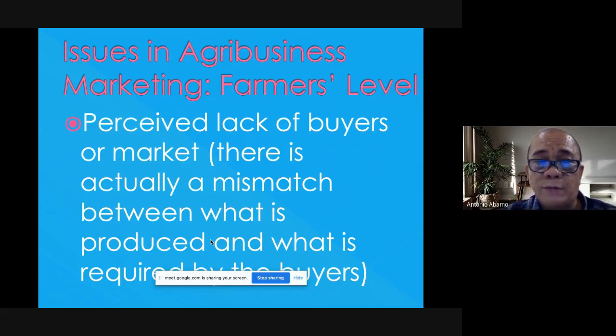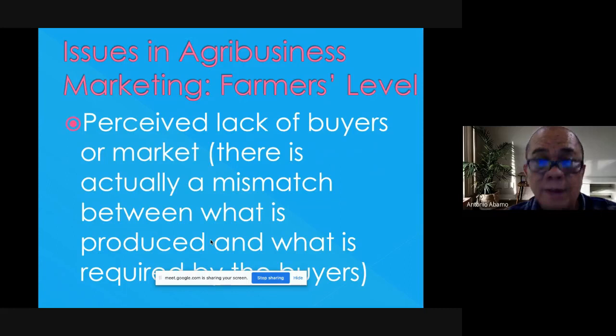There is a disconnect between the producer and the buyer, precisely because, first of all, the producers are not selling the right volume of cacao.